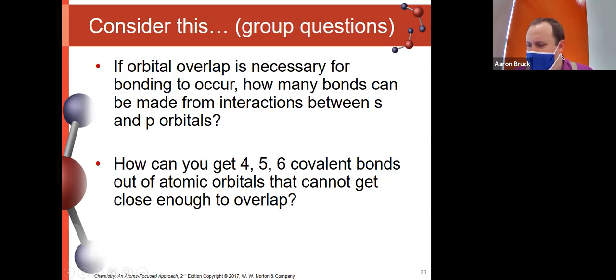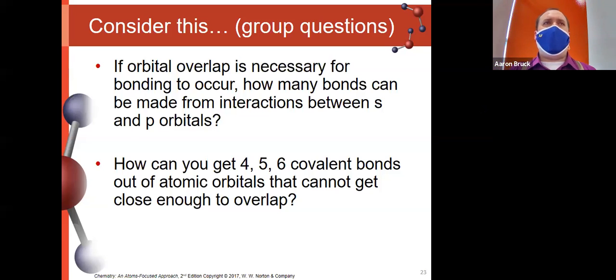And the question was, based on what we know about electrons, based on what we know about atomic orbitals, and what we just kind of brought in with valence bond theory, the idea that in order for electrons to be shared, we have to have orbitals overlapping on each other.